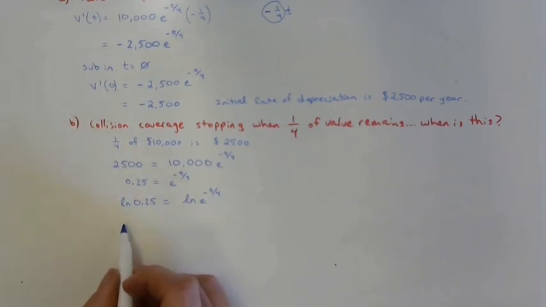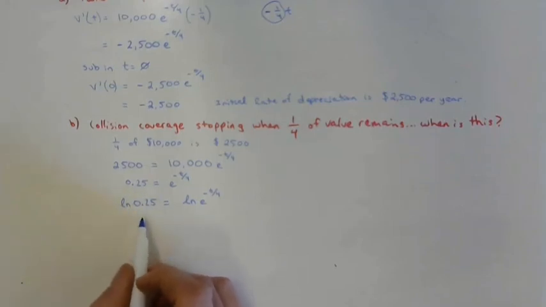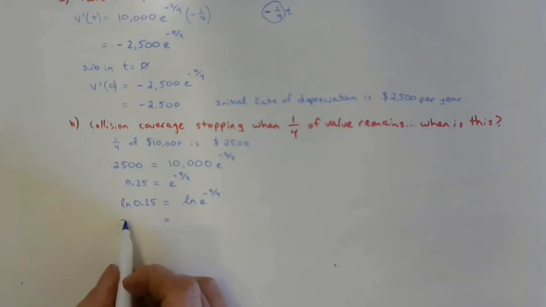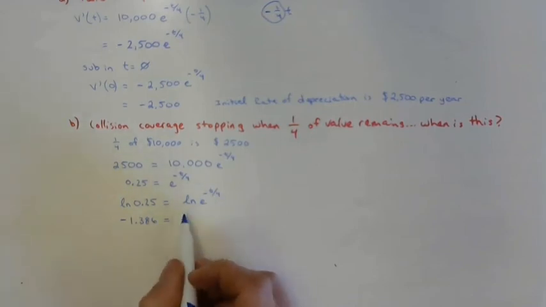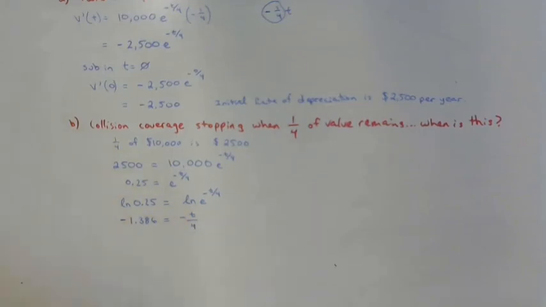So now we have the natural log of 0.25, which we can do in our calculator. It's a real world situation, so we're good with an approximate answer. We get negative 1.386. And then over here we have negative t over 4. And we probably want to make a little note of what we did here.